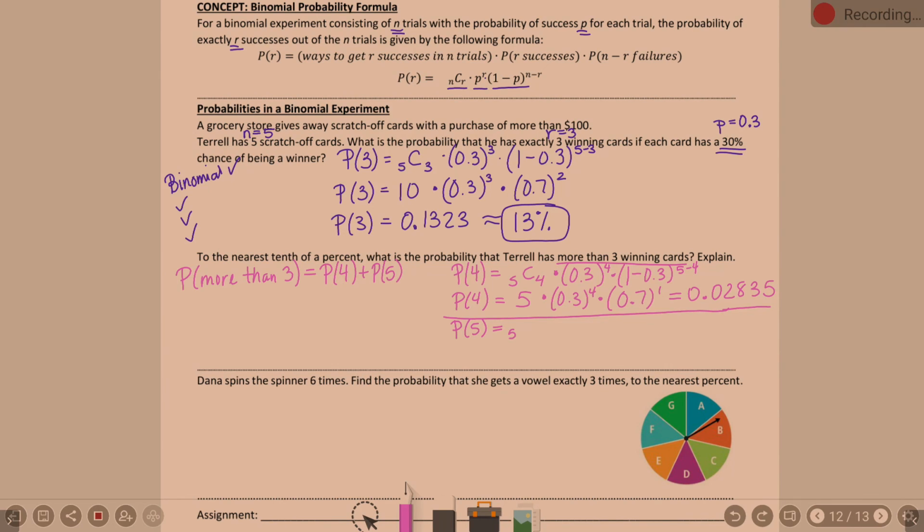So we're doing 5C5, times 0.3 to the fifth, times 1 minus 0.3 to the 5 minus 5. 5C5, we do that in the calculator. Order doesn't matter. The options of picking 5 objects, 5 at a time, there is just 1.